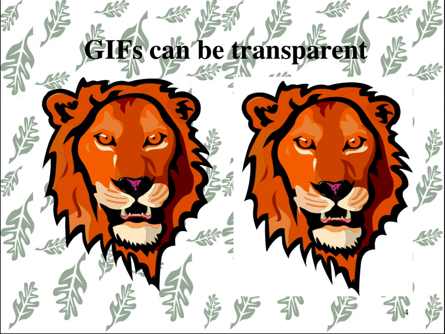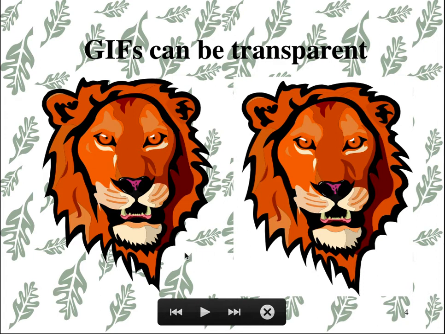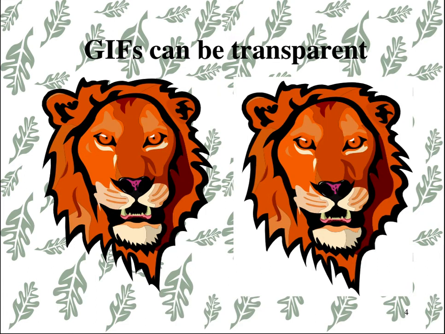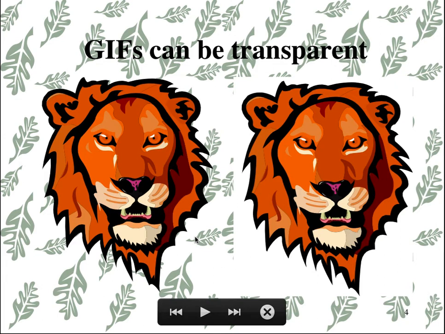And if you had a transparent GIF, you could see through the image onto the background. So this image on the right here that doesn't have the transparency, that would only look okay on a white background. Whereas here you can see through this onto the background.